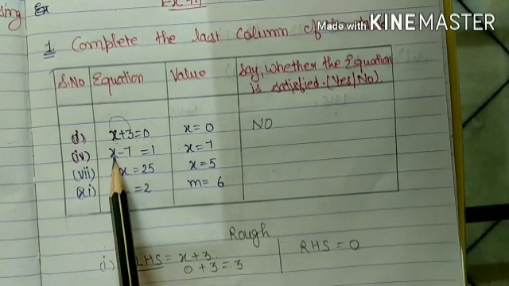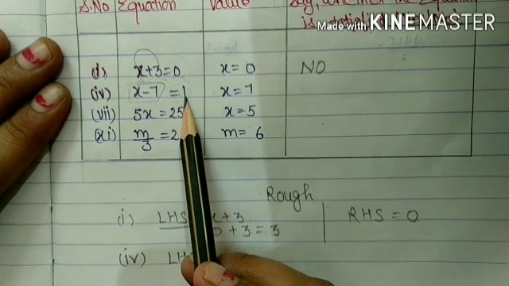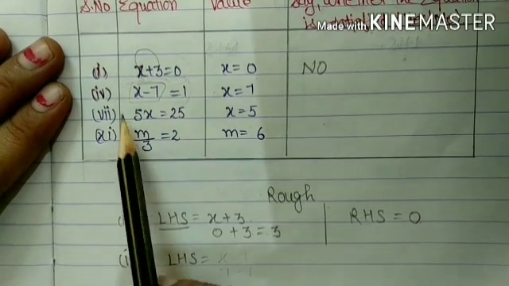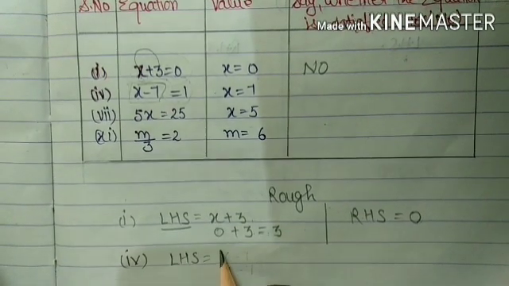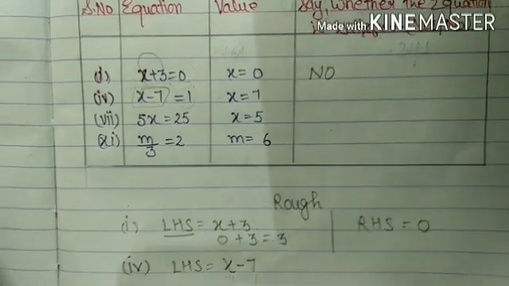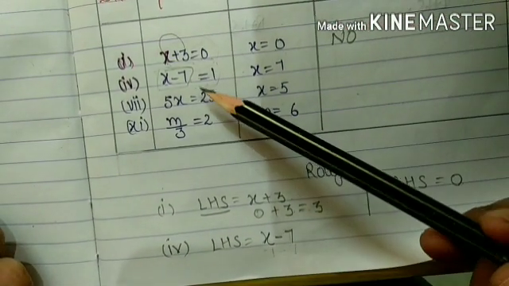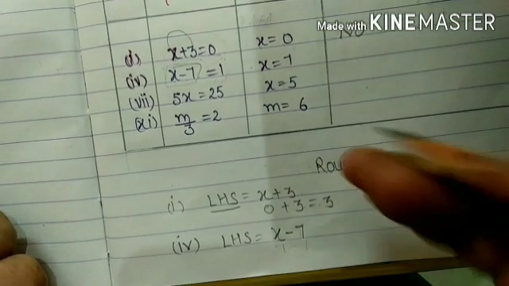Similarly for part number 4, x minus 7 equals 1. So what is the left hand side? x minus 7. For the right hand side, 1 is given.